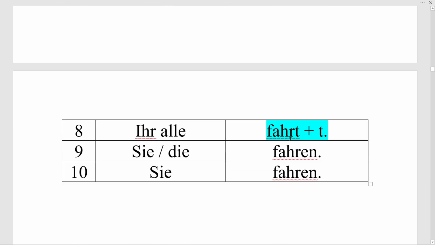Ihr fahrt means you all drive. Sie fahren means they drive. And again, Sie fahren means you, formal and polite and also singular, drive. Just remember that this is only one person.